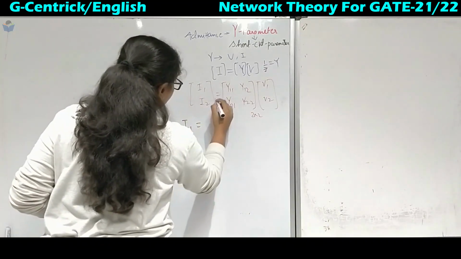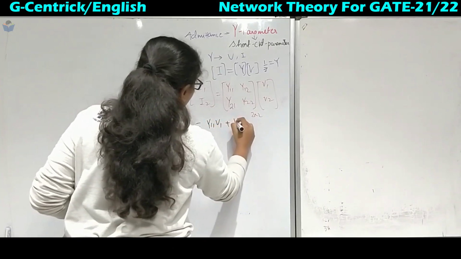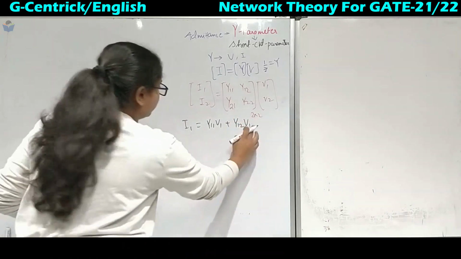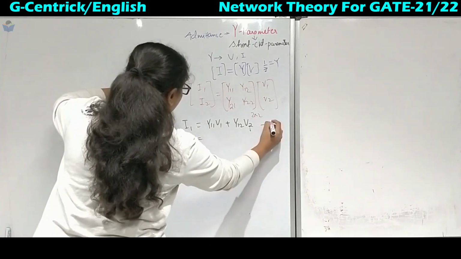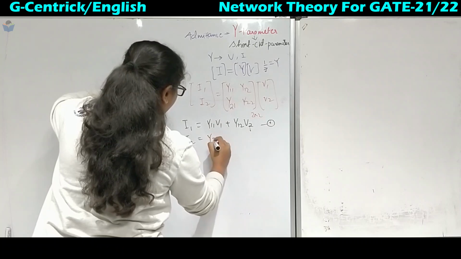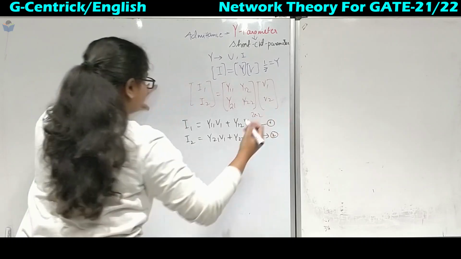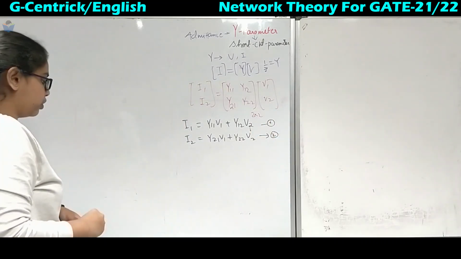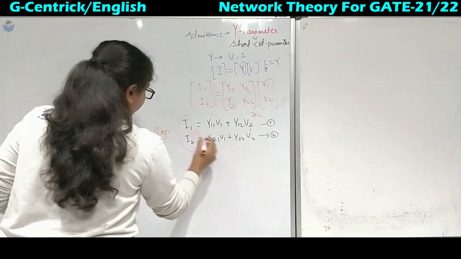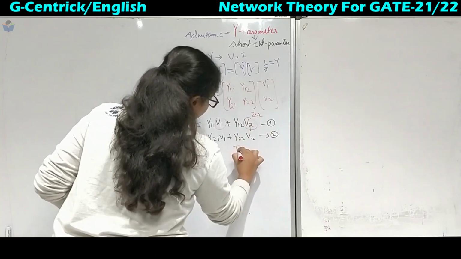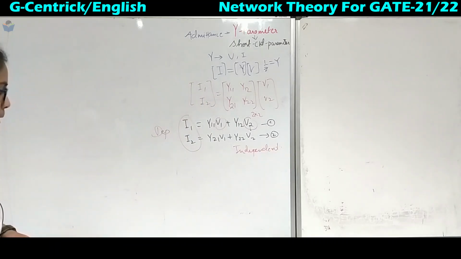I1 is equal to Y11 V1 plus Y12 V2. Let us call this equation 1. For I2 we can write Y21 V1 plus Y22 V2, which is equation number 2. So I1 and I2 are dependent, and V1 and V2 are independent parameters.